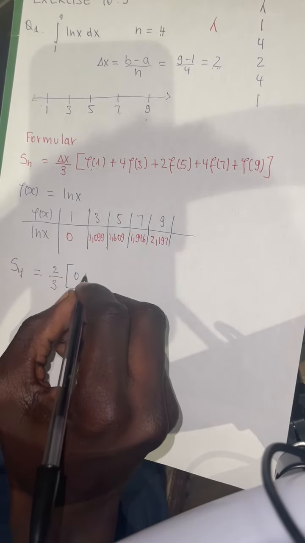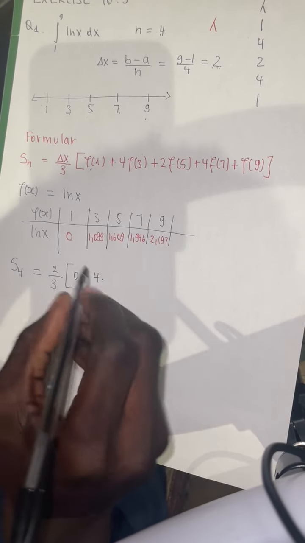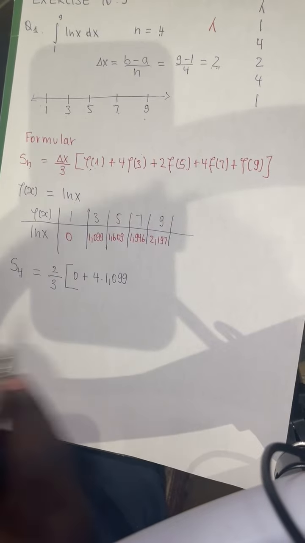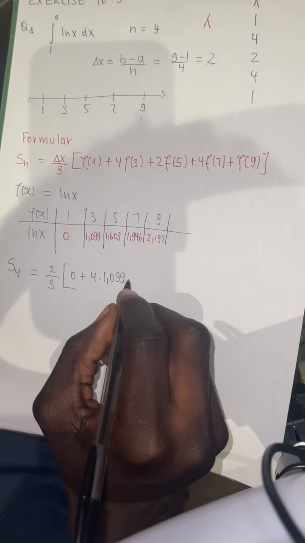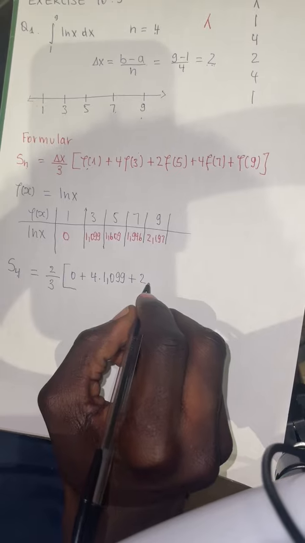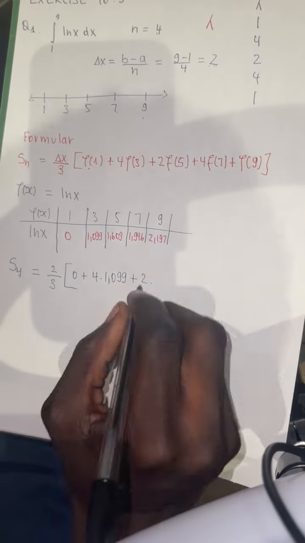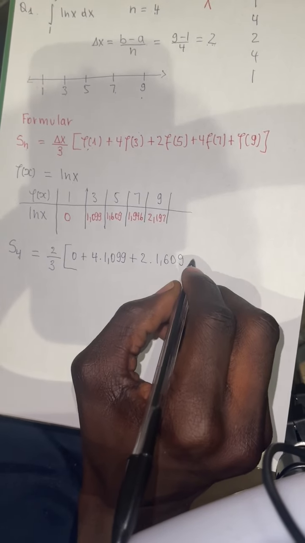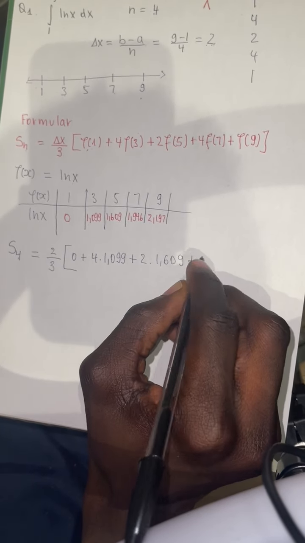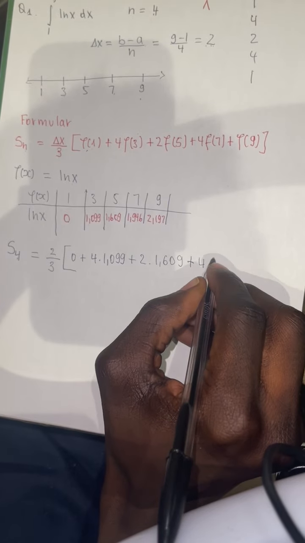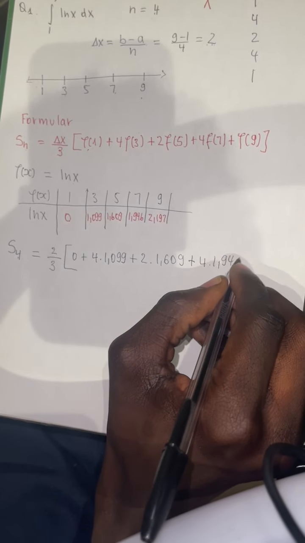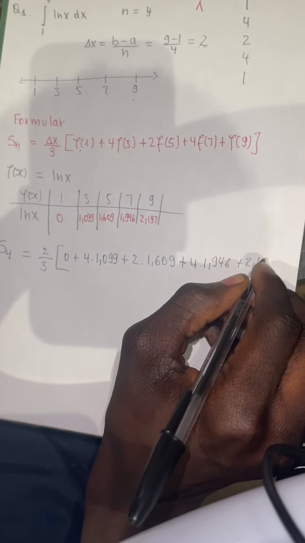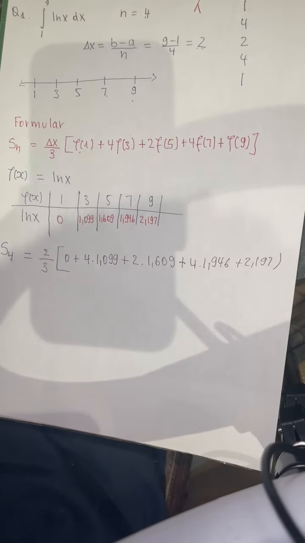So it's going to be 0 plus 4 times 1.099. Again, plus 2 times ln of 5, which is 1.609, plus 4 times ln of 7, which is 1.946, plus 2.197, and then you close the bracket.